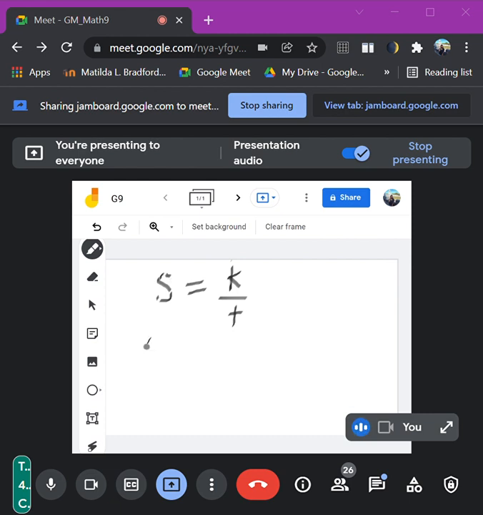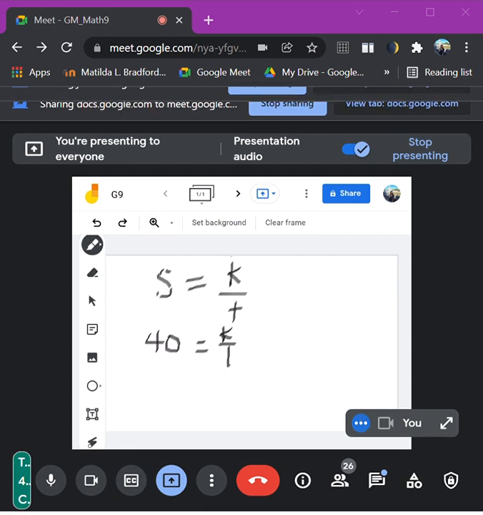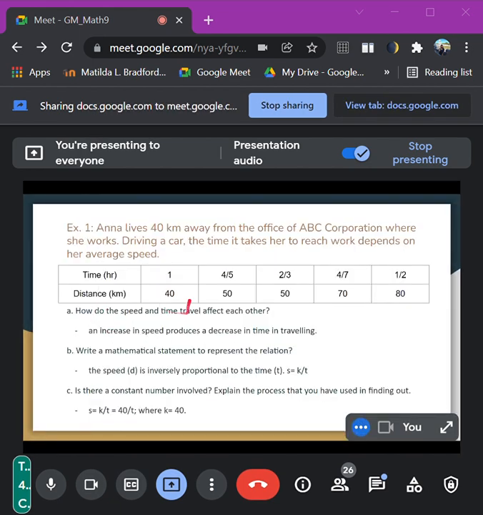So, you can just have like 40 as your speed and then equivalent to K over, and then you have there T. So, imong T ato is 1 man. So, asa na siya makita, class? So, kani siya ha? Mani siya itong basis. You have there 1 and then 40.